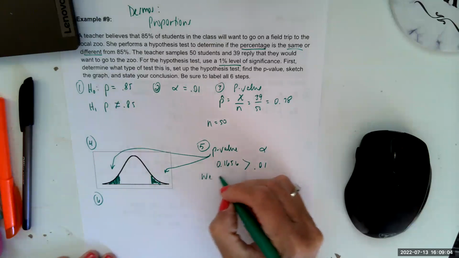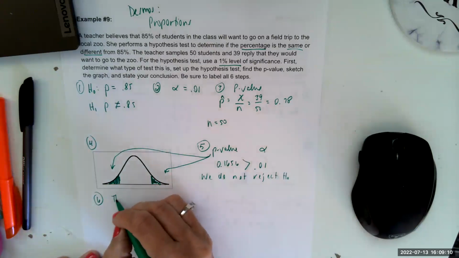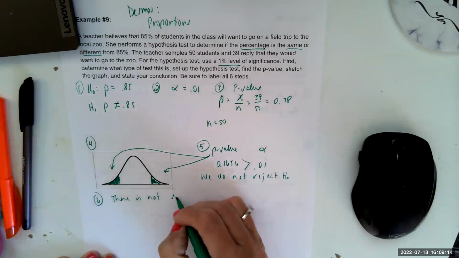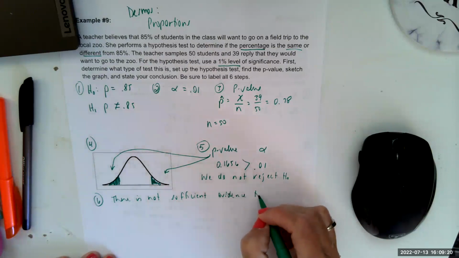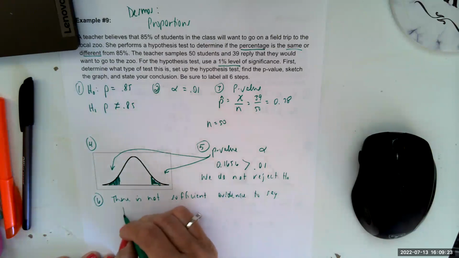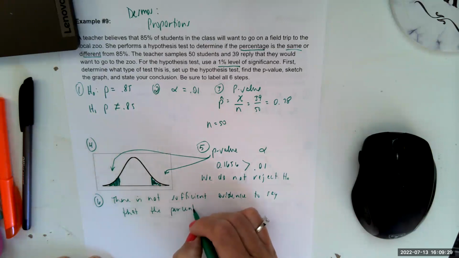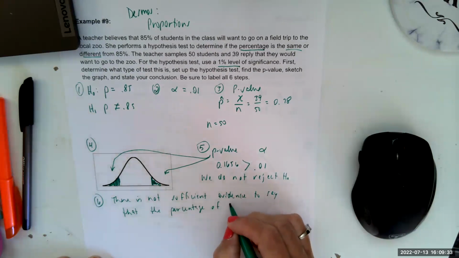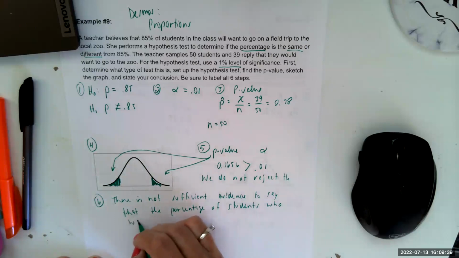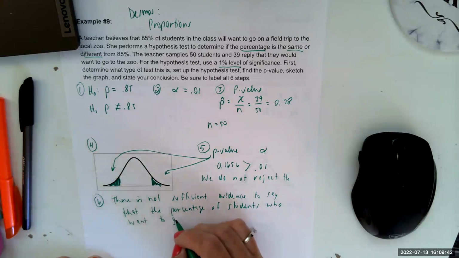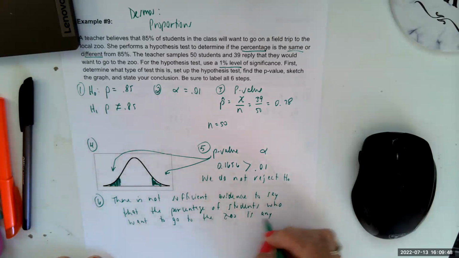So we do not reject H0. So there is not sufficient evidence to say that the percentage of students who want to go to the zoo is any different than 85%.